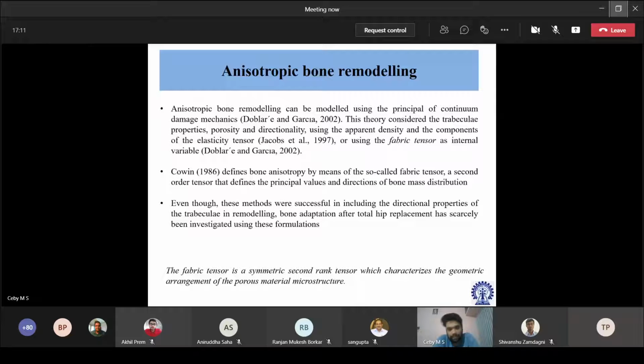I mentioned bone mass or mineral distribution is different when you go into the trabeculae level, as you have seen in these pictures 1 to 7. The mass distribution varies at the microscopic level.